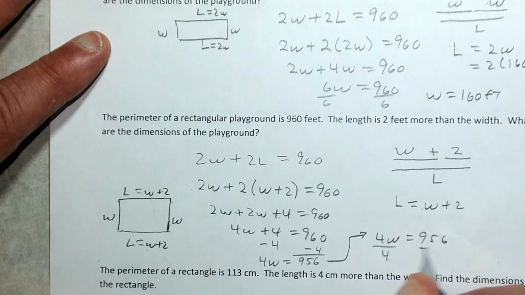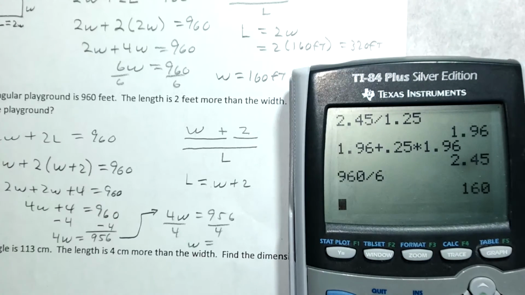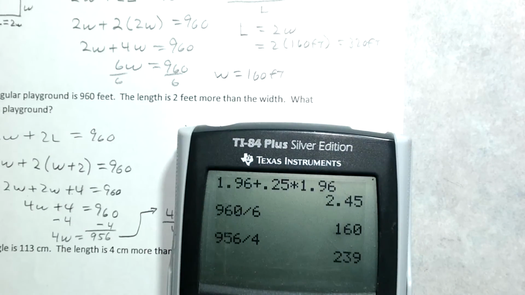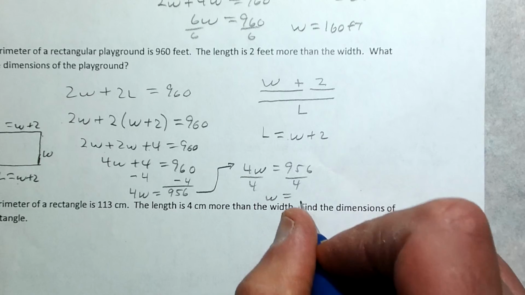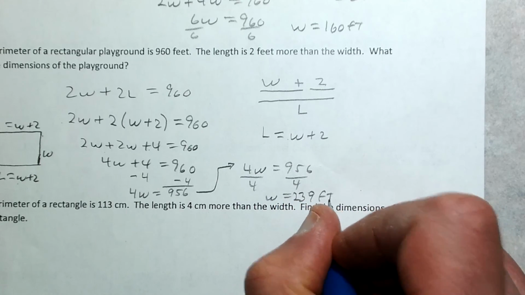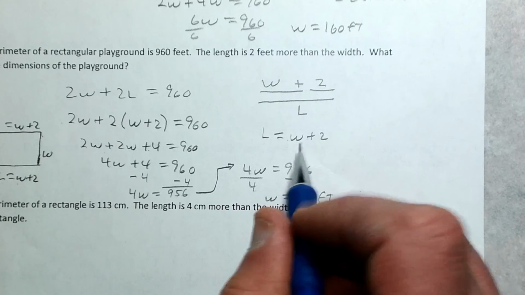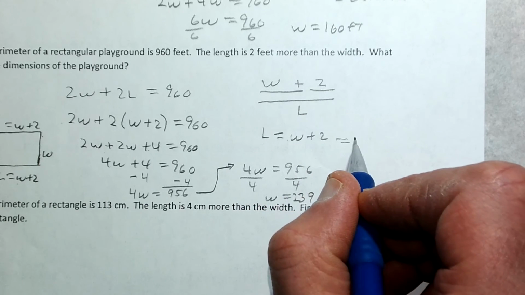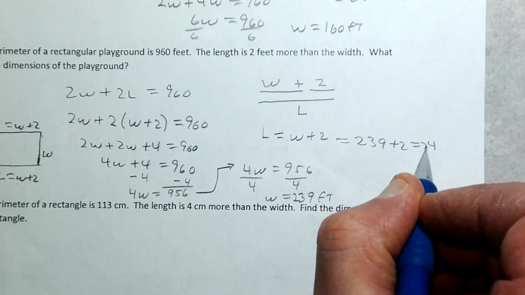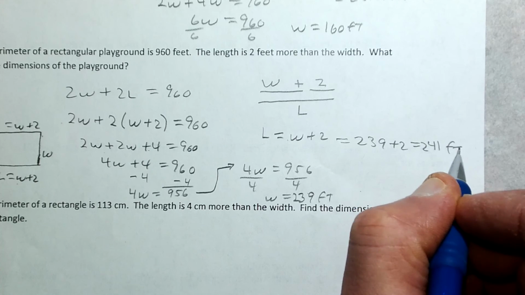I'll divide both sides by 4, and I will have the width that would meet the criteria of this problem. 956 divided by 4 gives me a 239-foot width. And because of the relationship I already had about length, 2 more than that would give me 239 plus 2, or a 241-foot length.